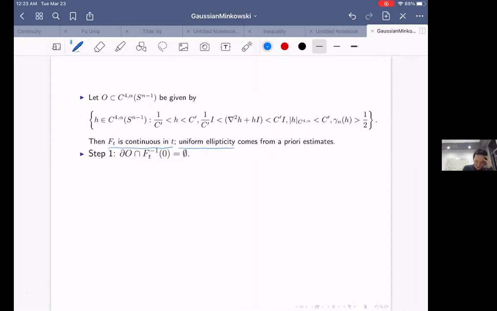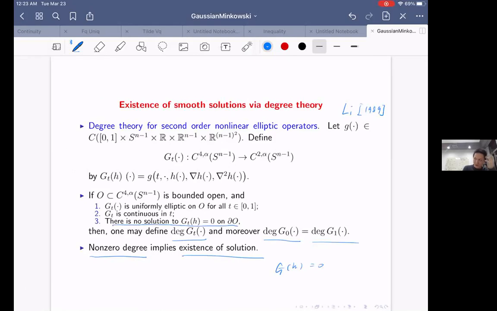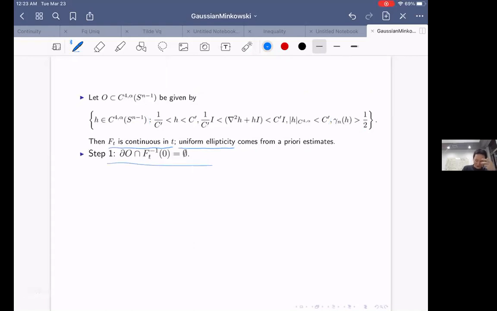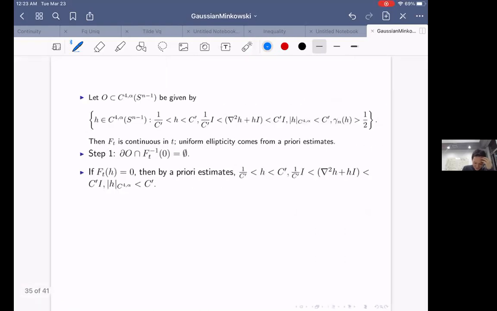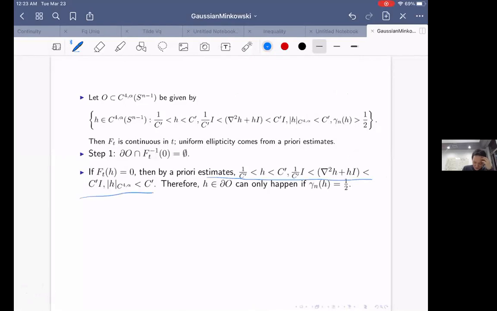And what we need to show, the important thing, is the third condition: there is no solution on the boundary, and only after this can we define the degree on O. To prove this, if h is a solution, then by the estimate we have this, and by our inequality, if h is on the boundary, it satisfies the first conditions, but being on the boundary can happen only if the Gaussian measure of h is one half.